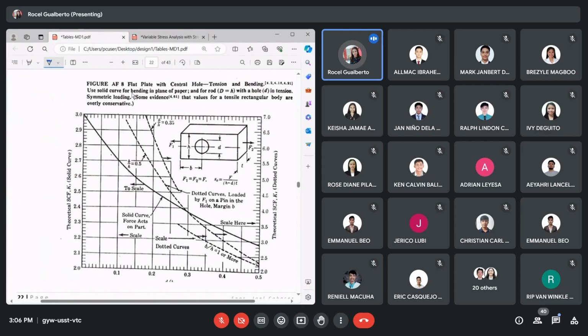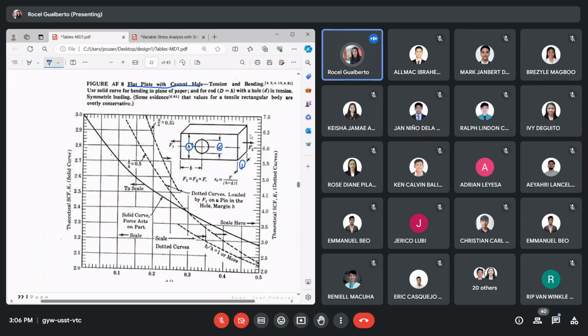Yung AF8 po, gagamitin mo if you have there a flat plate with a central hole. Katulad po nung nasa illustration. Okay? May flat plate po tayo, tapos may hole po doon sa gitna. The diameter of the hole, you have there D. And the dimension of your flat plate, ano-ano po yung dimension? You have there the height, at saka po itong thickness.